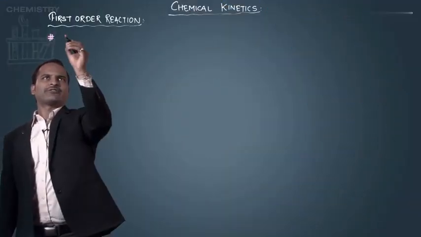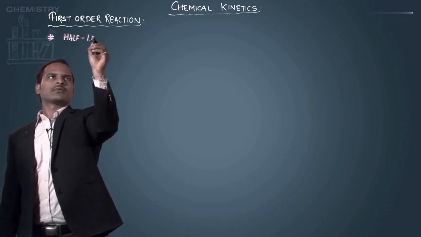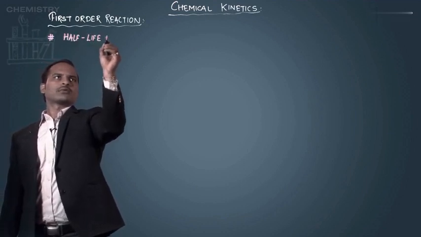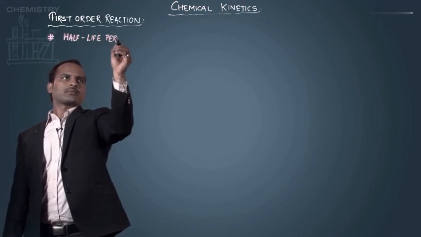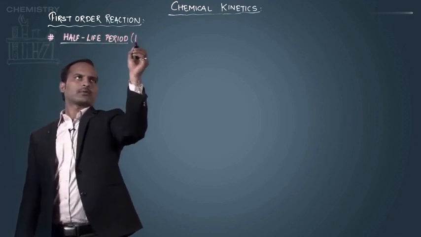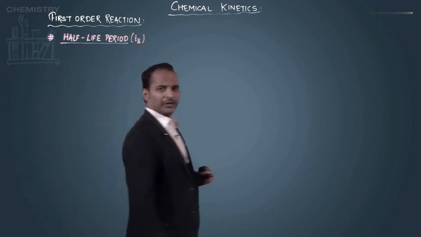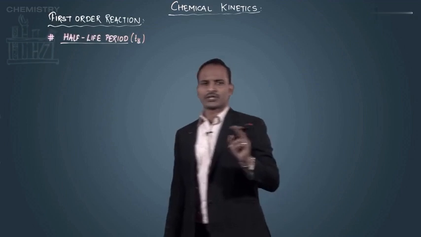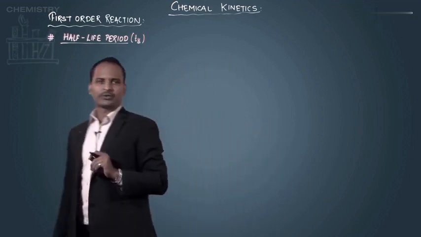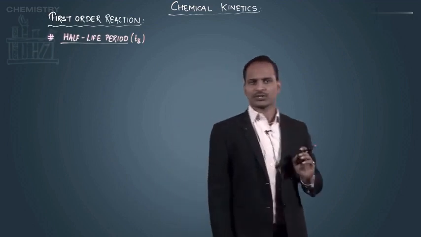The next is the half-life period for the first order reaction. We did the half-life period for the zero order reaction, in which we got the formula t half is equal to A0 upon 2k. Now the next is the half-life period for the first order reaction.